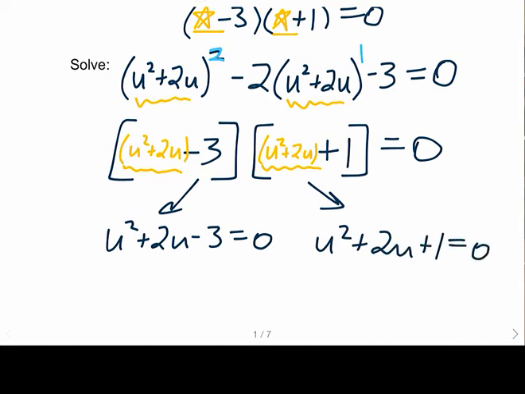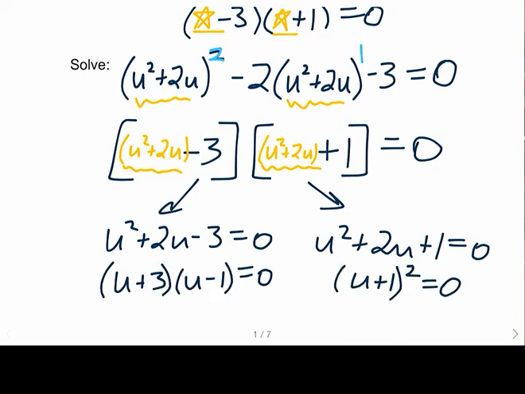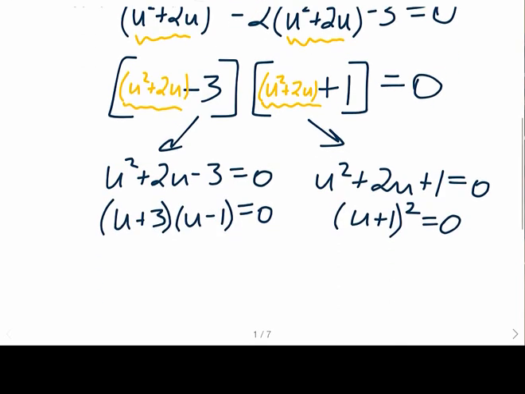Each of these expressions factors. The first one gives us u plus 3 times u minus 1 is equal to 0. The second, u plus 1, the quantity squared, is equal to 0. And so setting these factors equal to 0 gives us u is equal to negative 3, or 1, or negative 1.